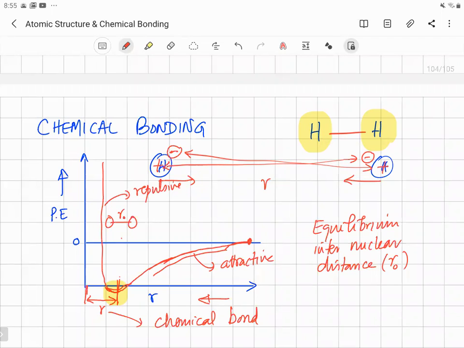Potential energy starts increasing very quickly. That means you cannot bring these two atoms closer than this equilibrium internuclear distance. And this R0 is generally represented as a chemical bond, right?